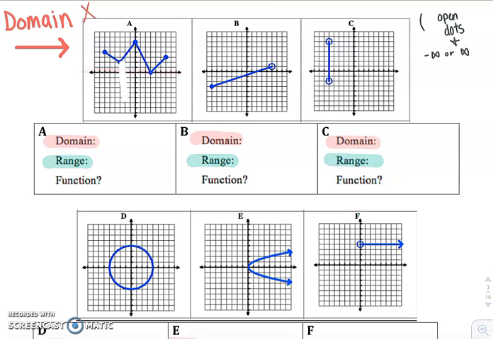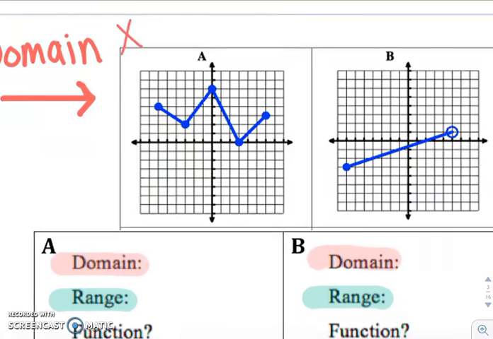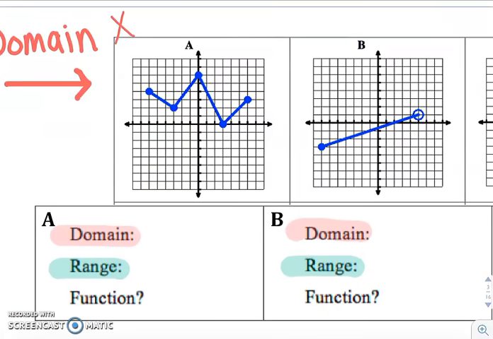We write domain and range of graphs in interval notation. So just like a number line, we go from left to right, because that's going to be the least to greatest value. If you look at letter A, we want the domain of this first graph. So we want the farthest left the graph starts at to the farthest right.